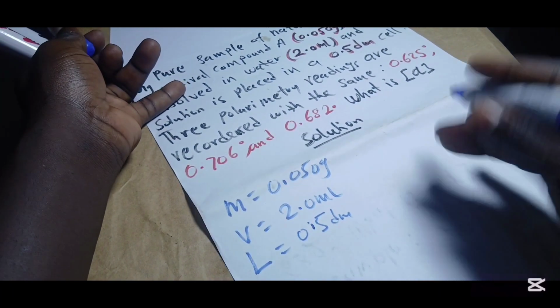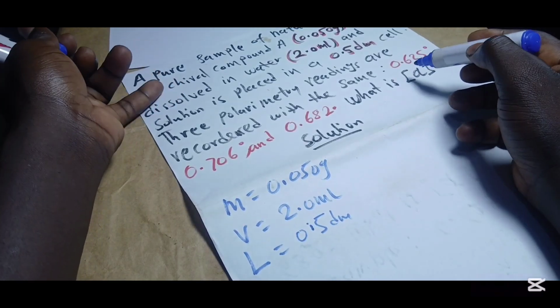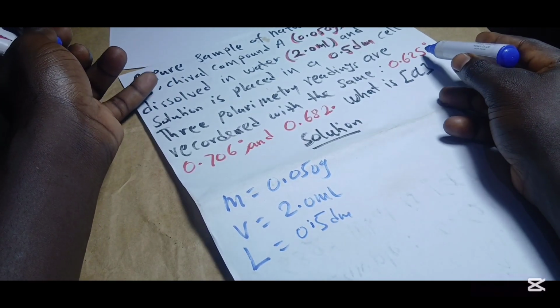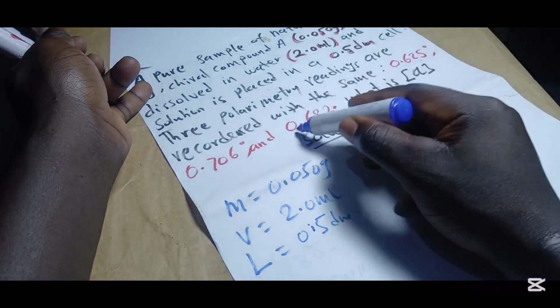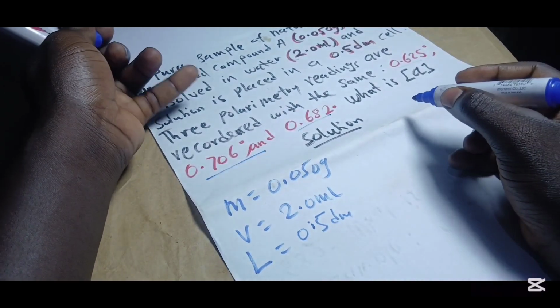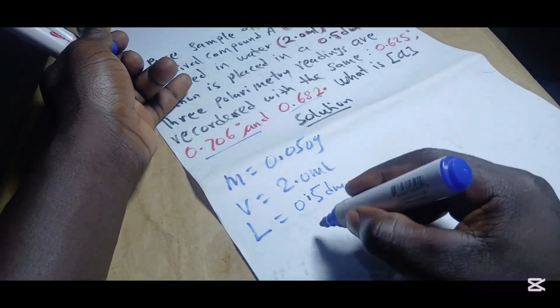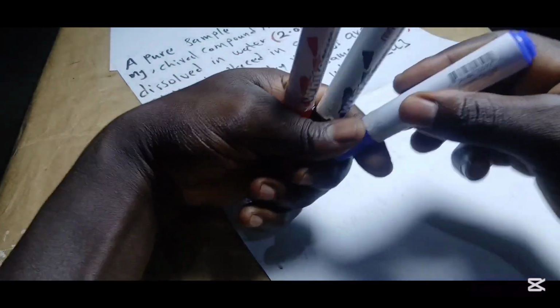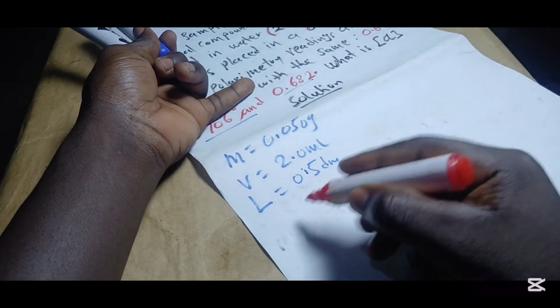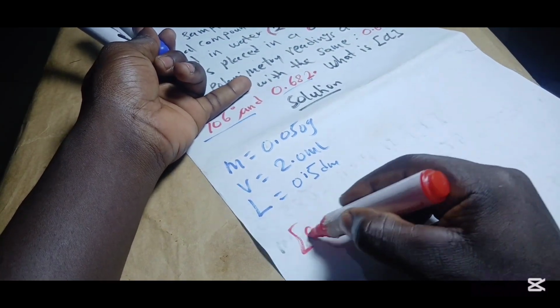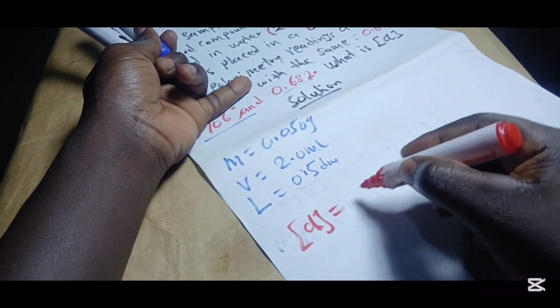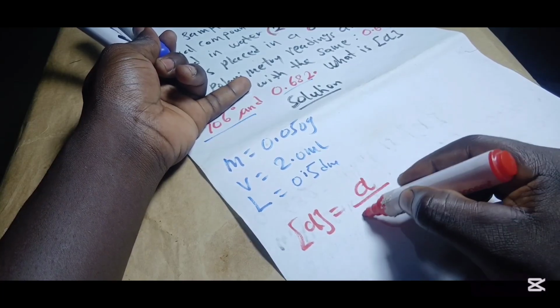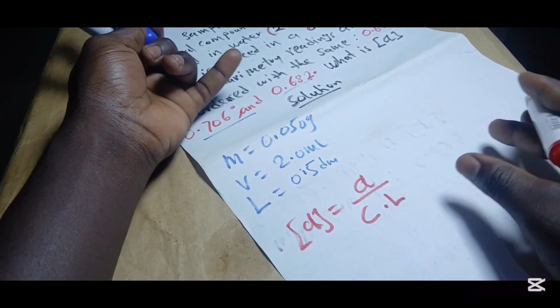The given polarimetry readings, I mean the observed rotations recorded in the experiment, are these. We want to calculate the specific rotation of this solution. Specific rotation equals observed rotation over concentration multiplied by path length.